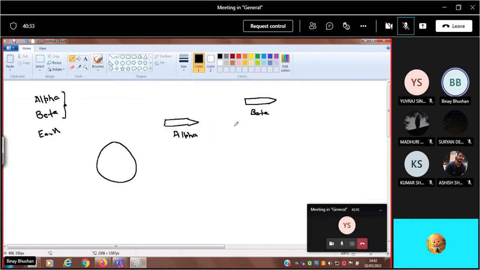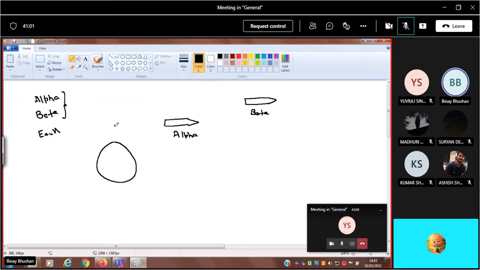Okay, so a spacecraft Alpha is moving at 0.90 c with respect to the Earth. If a spacecraft Beta is to pass Alpha at a relative speed of 0.50 c in the same direction, what speed must Beta have with respect to the Earth? This is the question. So now, can you apply the frame of reference here?